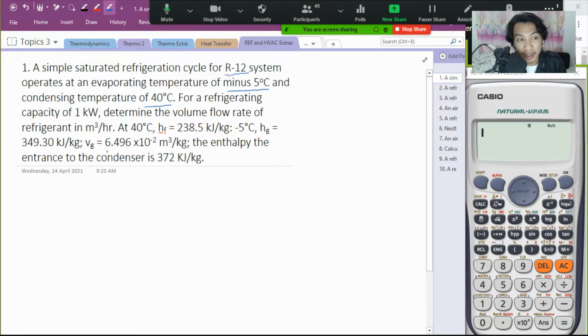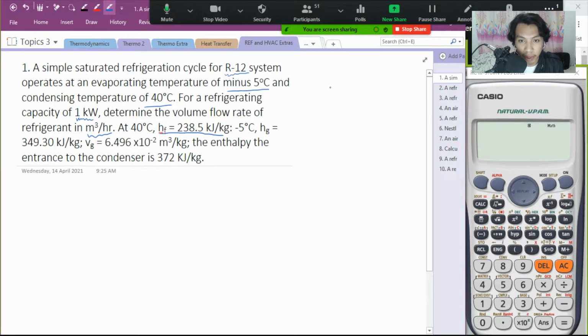Now, for refrigerating capacity, ibig sabihin, yung capacity mo, yung QA, that is 1 kilowatt. Determine the volume flow rate of the refrigerant in cubic meter per hour. And at 40 degrees Celsius, ito daw yung mga nahanap niya. So, HF is at, ibig sabihin sa condenser na yan, that is 238.5 kilojoule per kilogram.